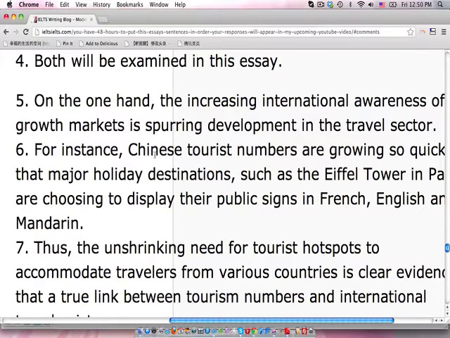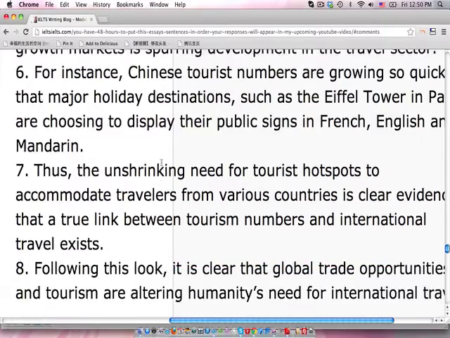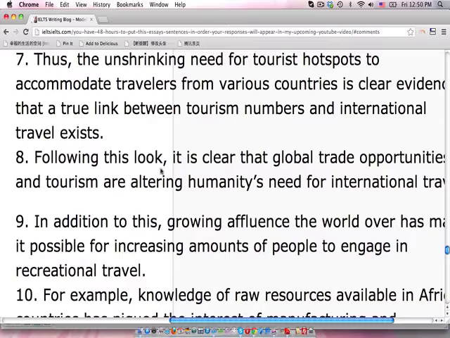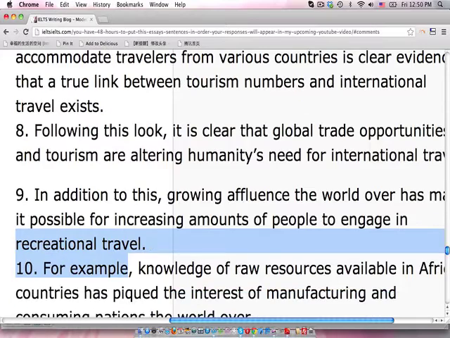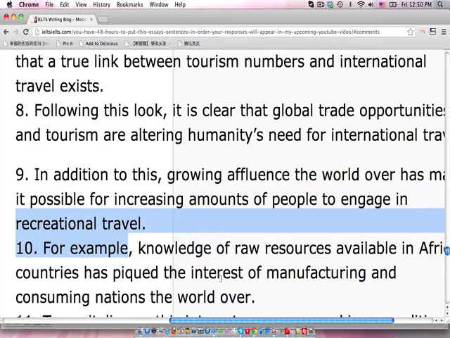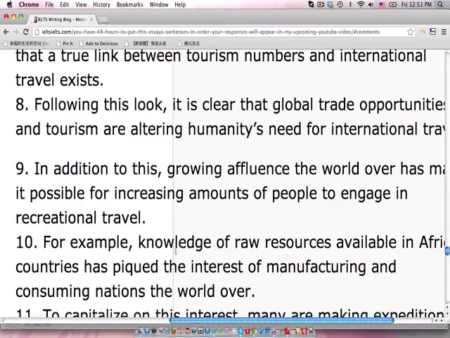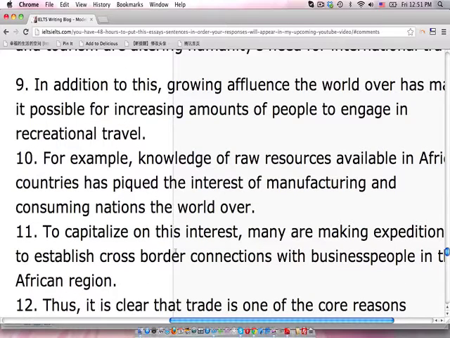Yeah. So the Chinese example more fits with the recreational travel bit. See, recreational travel, and then the example. So here, the example is talking about African countries and the interest of manufacturing and consuming nations all over the world. They're not traveling to Africa for recreational endeavors. They're traveling there because they want to establish business and create connections, that sort of thing. So these don't fit together like that.